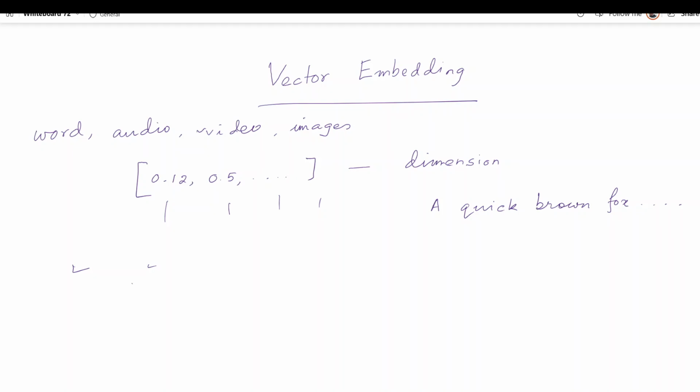For example, if I put black, yellow, red, they won't be able to match with brown because there is no semantic connection, right? It's just another word, and that's why it is not effective to use a word as a word, rather convert it into an array which basically holds different characteristics.